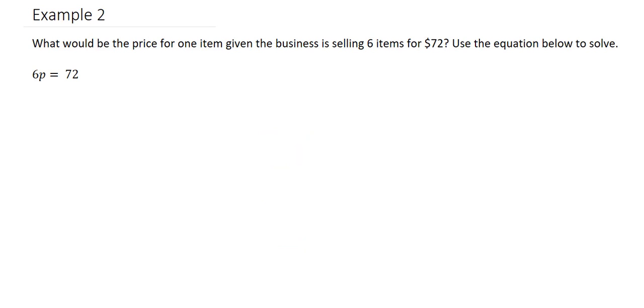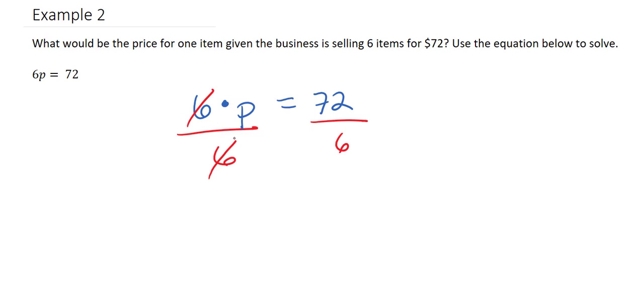Example 2: What would be the price for one item given that the business is selling 6 items for $72? We're going to use the equation below to solve. We have 6 times P is equal to 72. To undo this multiplication, the 6 times P, we just divide by 6 on both sides.